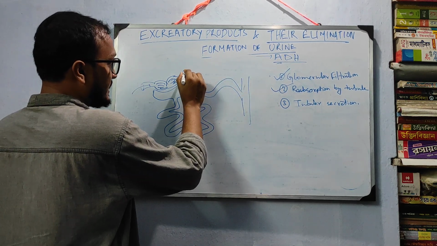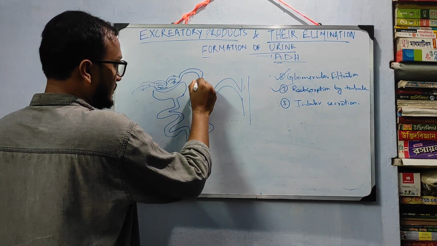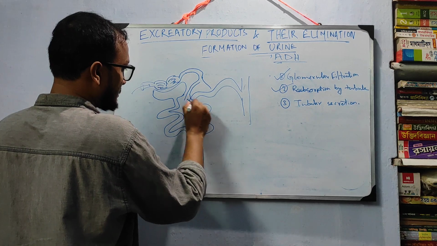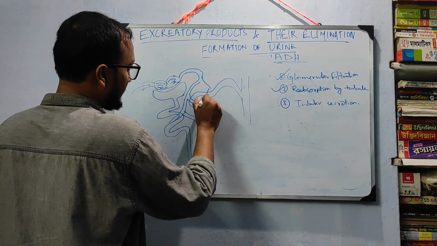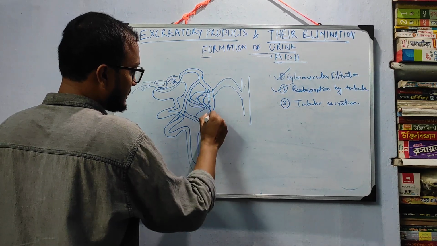This efferent arteriole will form another structure of capillaries, a network-like structure, surrounding the DCT and PCT.